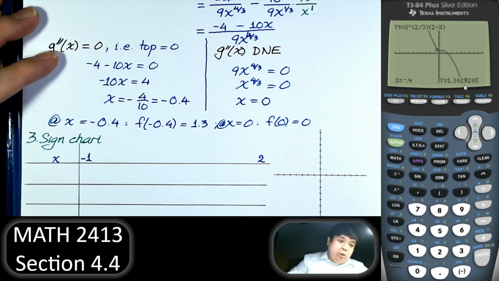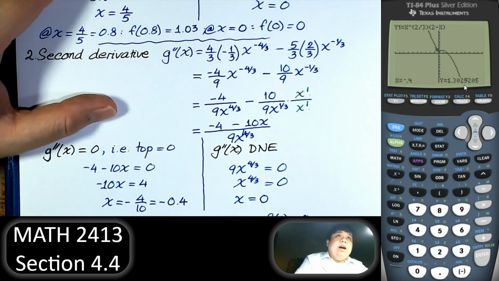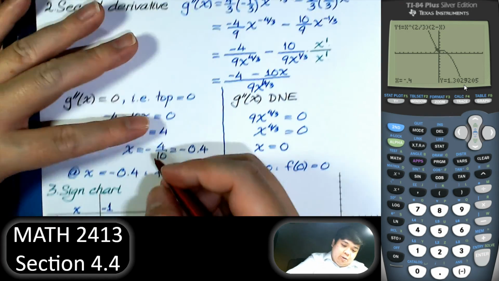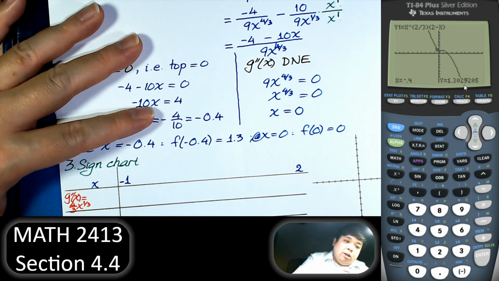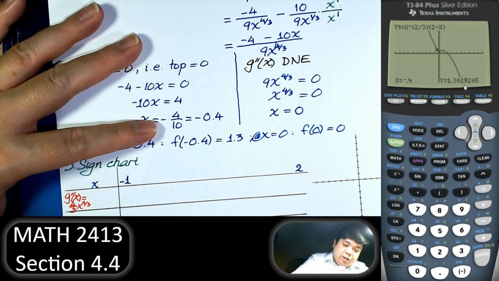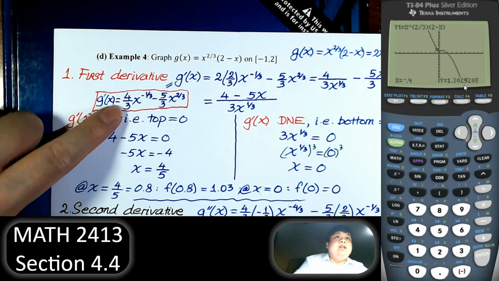We have the derivative. I will write the derivative in that form: 4/3 x to the negative 1/3 minus 5/3 x to the 2/3. Yeah, so that is the derivative.